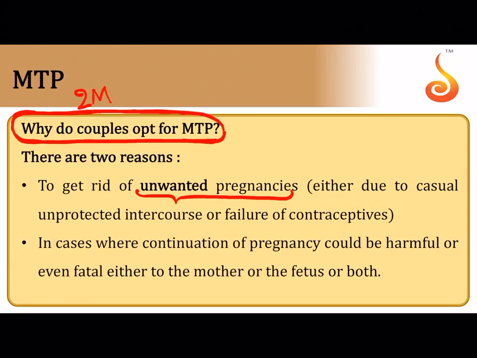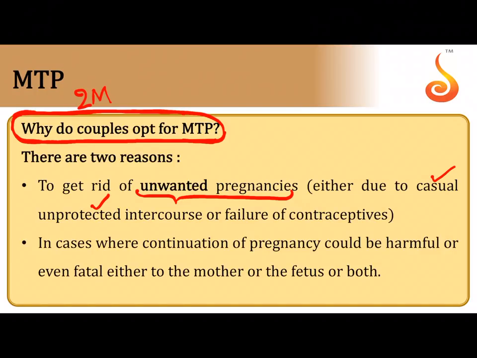Obviously, to get rid of unwanted pregnancies. Now they take an educated decision, the couple, isn't it? They're adults, they can decide for their own life. So if they feel that their pregnancy is unwanted for personal reasons, they can get rid of such unwanted pregnancies, either due to casual unprotected intercourse, where they did not use any birth control method during sexual intercourse or coitus, or they did use a contraceptive but it failed.